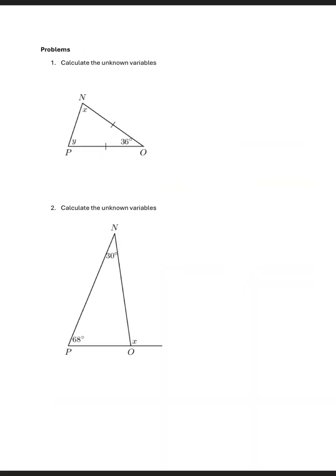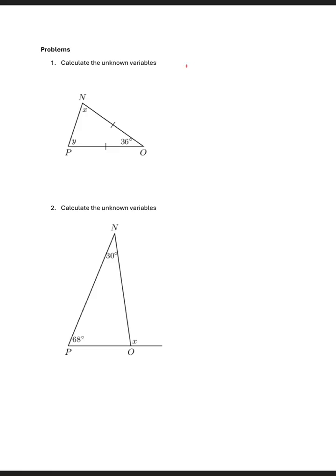And then now we can do some few problems together. So number one, we want to calculate the unknown variables. So here we are dealing with an isosceles triangle. How do we know that this is an isosceles triangle? Because the two sides are equal.